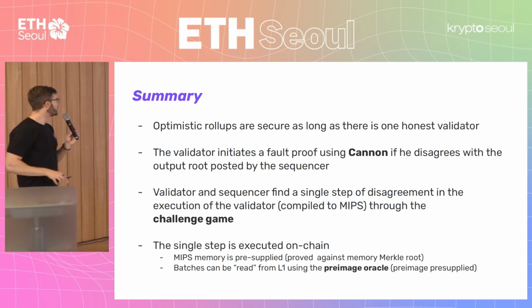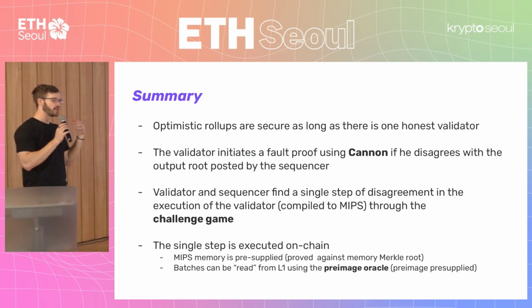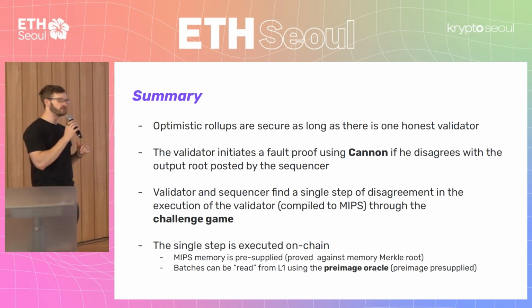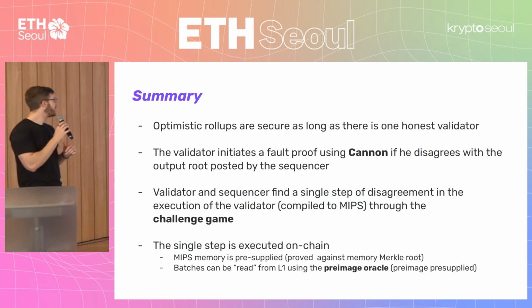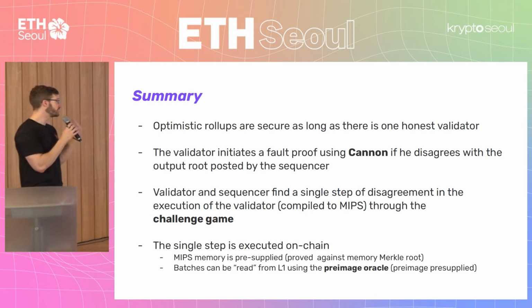All right, so a small summary. Optimistic rollups are secure as long as there's at least one honest validator. The validator, if it disagrees with the sequencer, can initiate a fault proof using Canon. That's our fault proof system. So the validator and sequencer play a challenge game, and they find a single step of disagreement in the execution of the validator, which is compiled to MIPS.